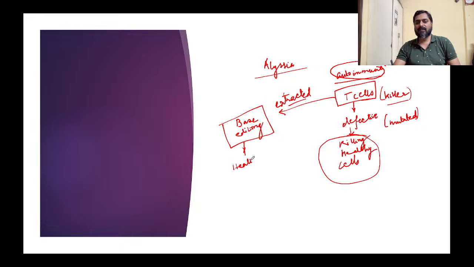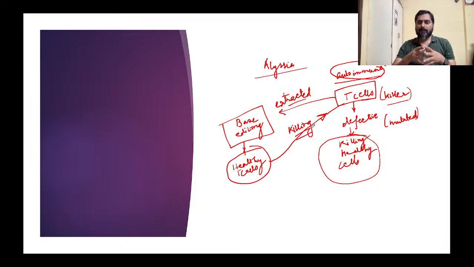So after base editing, we got healthy T cells, and now these healthy T cells were again inserted back in the body. So what these healthy T cells are doing is killing the defective T cells in the body.